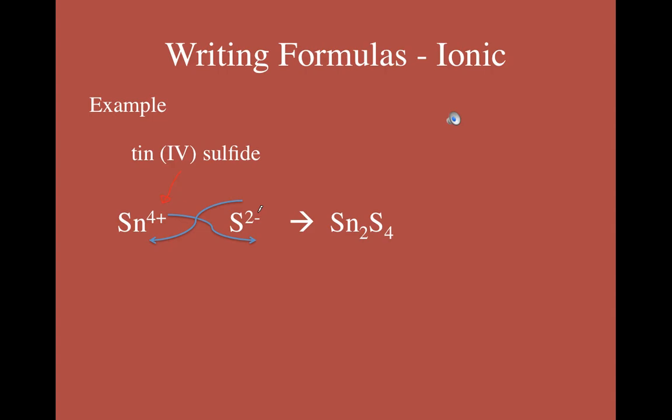Sulfide is always 2-, so that 2 came down here. Now I get Sn2S4. It's the right ratio, but it hasn't been reduced. So I have a 2 here and a 4 there. I'm going to divide both of these by 2, and I end up with the proper answer of SnS2. Again, I don't write a 1 down there. If you write a 1 down there, it is wrong.